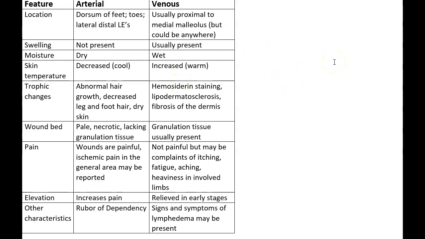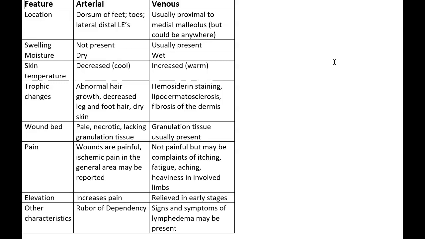So we have location, swelling, moisture, skin temperature, trophic changes, meaning what does it look like? What does the wound bed look like? Pain, comparing the two, what happens when the affected body part is elevated, and there's some other characteristics there as well.